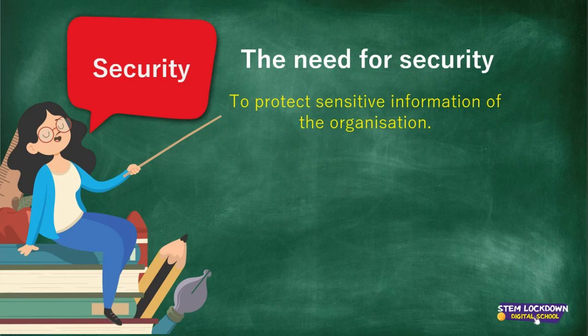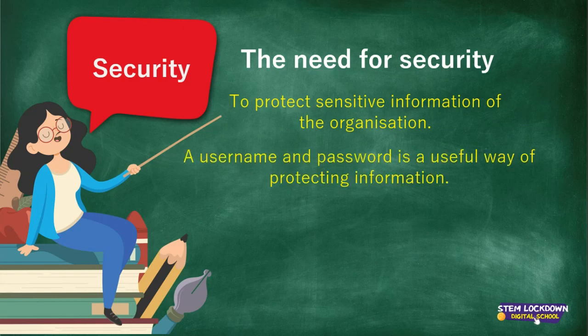So you can actually read about security in a network. It's very, very important because it keeps sensitive information about an organization safe, right? A username and password is a useful way of protecting the information.